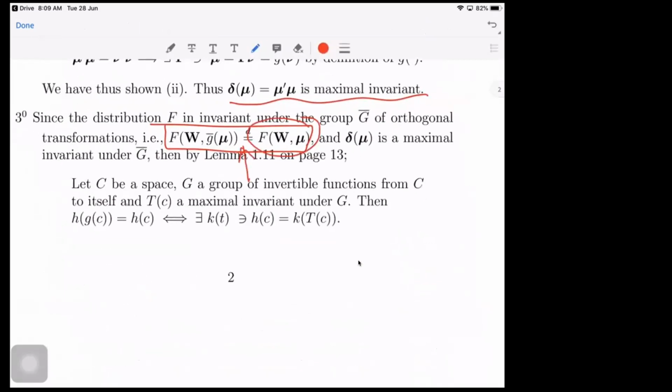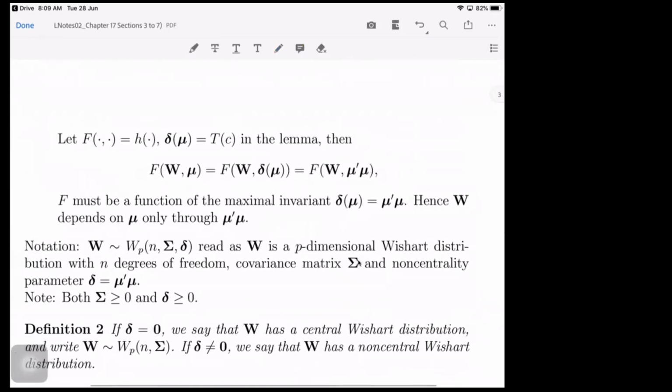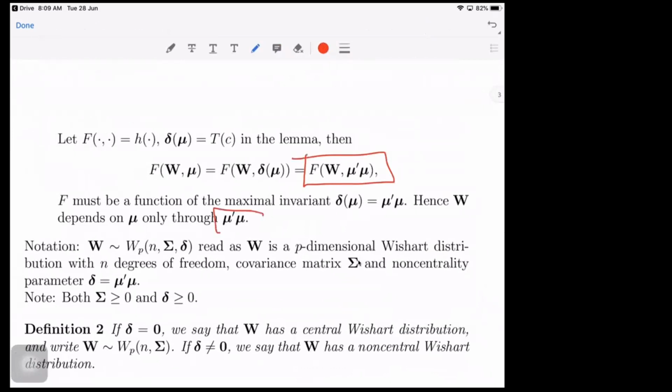They are equal in distribution. And then we see that W just depends on mu through mu prime mu. So we know that W depends on mu prime mu, which later will be denoted by delta, and we write this notation.